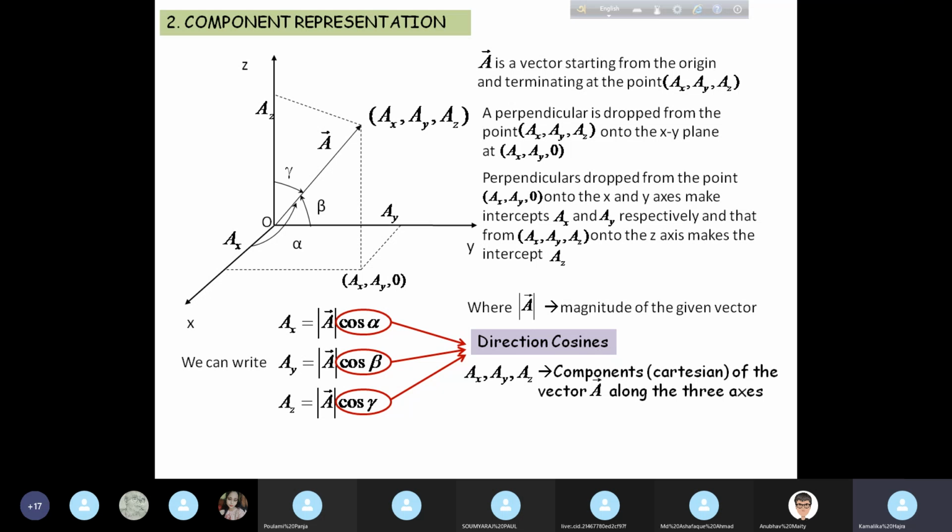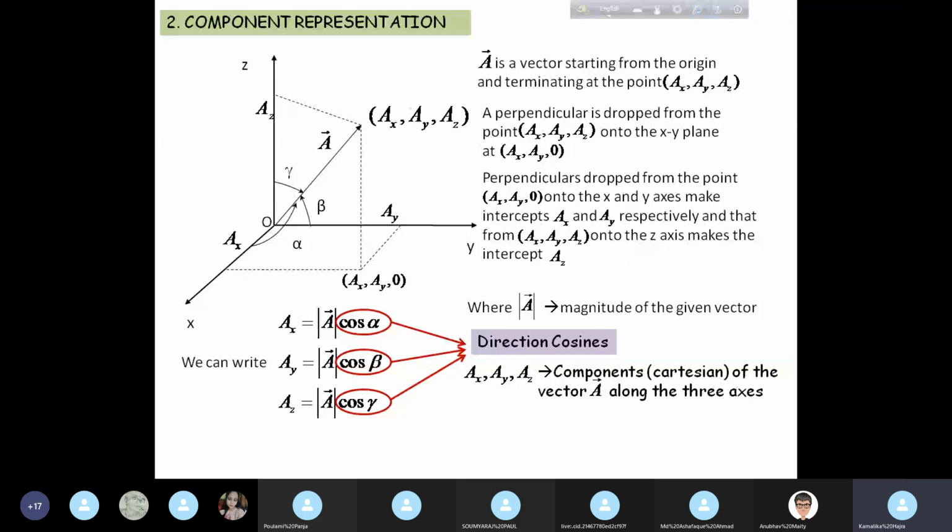These quantities ax, ay, and az are the components of the vector A along the three axes. So this is how we get the components of the vector along the three axes in the Cartesian system. So these are the Cartesian components. In a different coordinate system, they would have different values.